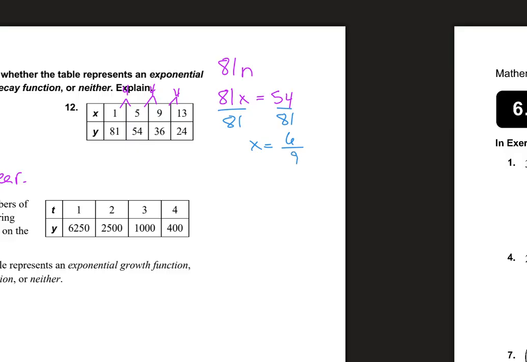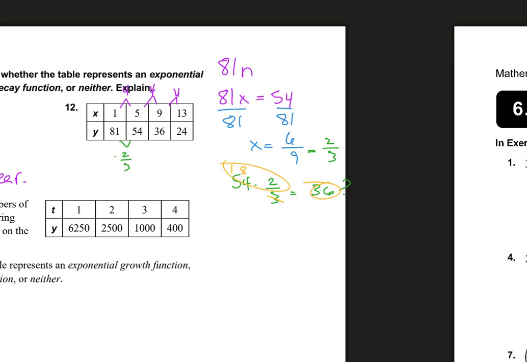This is divisible by 9, and you get 9. And we divide by 3, and also, so we would get 2/3. So 81 times 2/3 is 54. So let's see, is 54 times 2/3, does that equal 36? Well, let's find out. 3 can go into 54 18 times, and yeah, 18 times 2 is 36.